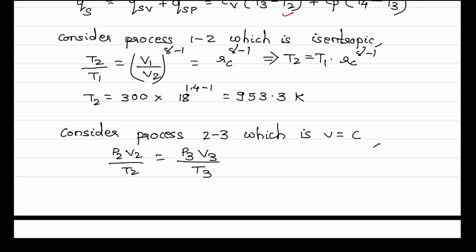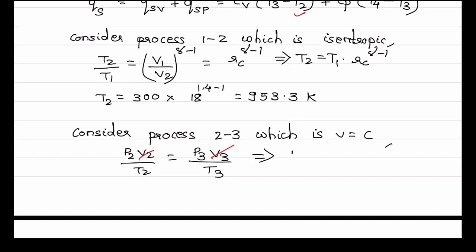I'll rearrange the terms, so I'll get P3 by P2 equal to T3 by T2. And what is P3 by P2? Can anyone recall what P3 by P2 is? No, not expansion ratio, it is pressure ratio.